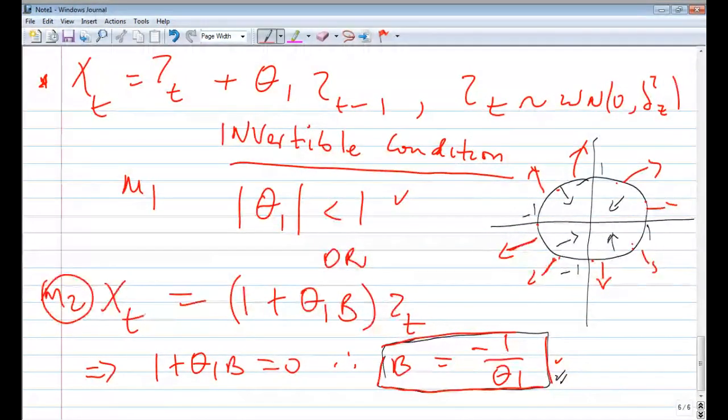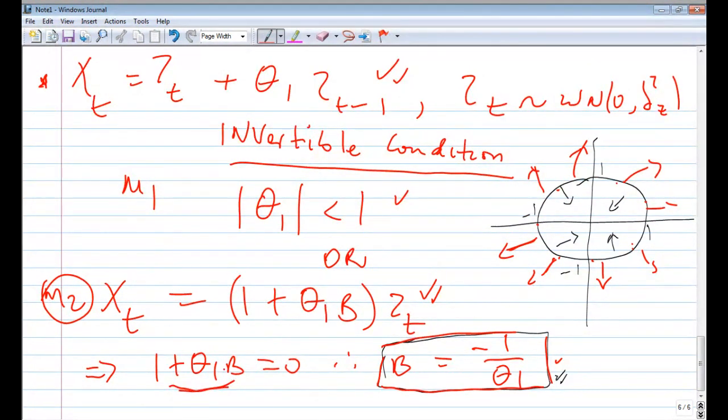Okay, if you want to use the second method, you have a process Xt, which is Xt equal to Zt plus theta 1 Zt minus 1. After getting that process, you write it in backshift operator, which I did here. Then you take whatever is within the brackets, which is this one.